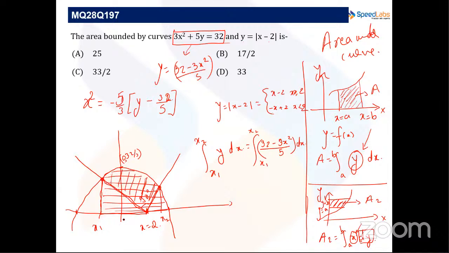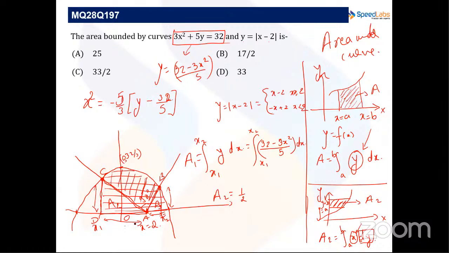Let's name it A, B, C, D, E. From this area, let's say it is A1. This is A2 and A3. So A2 will be equal to half of base into height. And this area will also be equal to half of base into height.